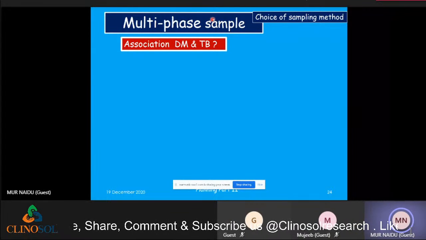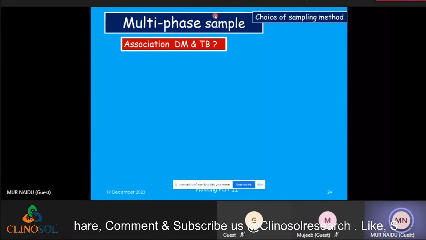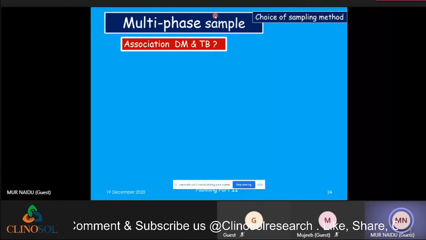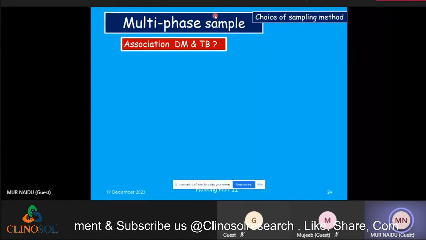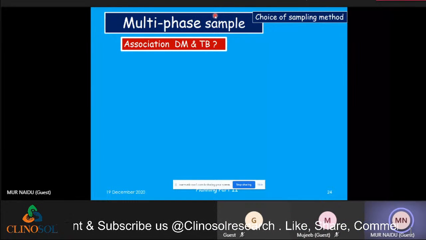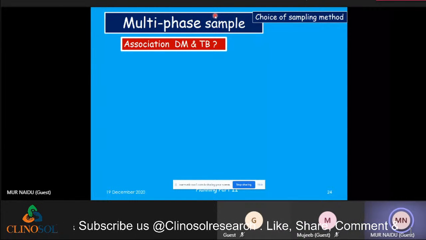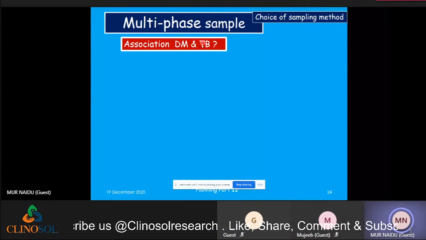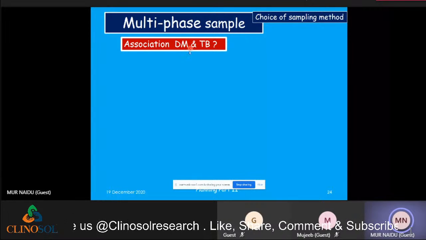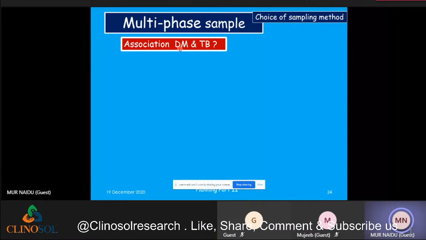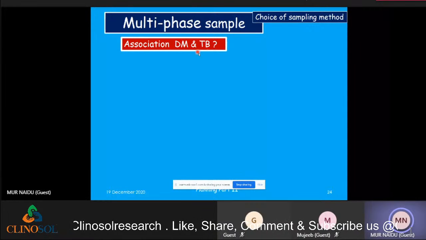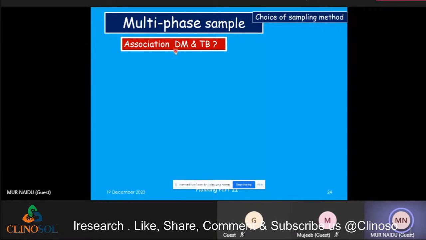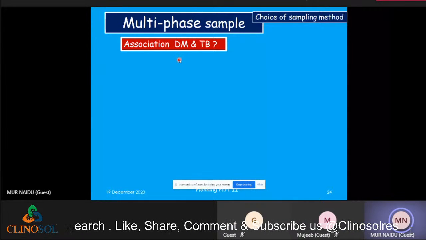Now this is multi-phase sampling. Multi-phase sampling is sometimes done where there are two diseases and you want to check the association. Here I am giving a very good example, because there is a lot of literature saying that people who have had diabetes for more than 4 or 5 years are more prone to tuberculosis, because in diabetes there is an increase in glucose level and their resistance is very low.